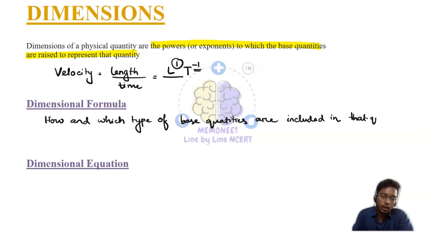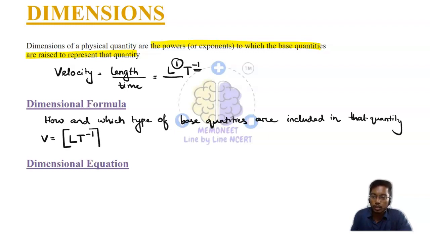Let's say we have the velocity here. The dimensional formula is L T to the power minus 1. It is always put in a square bracket. Here length and time are included in the quantity, that is velocity.